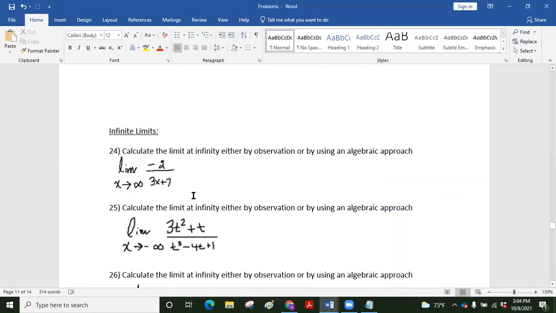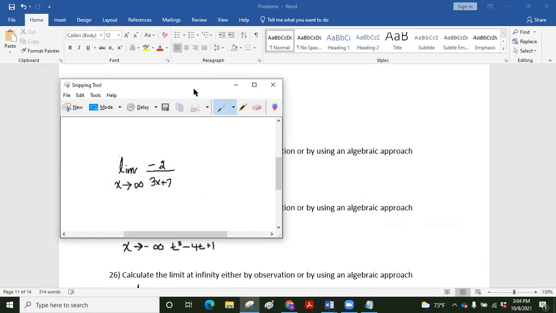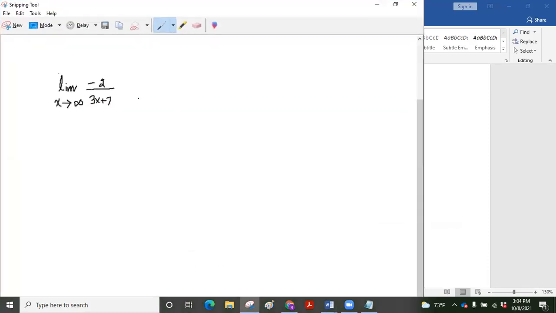The basic idea with limits that go to infinity is that there's an approach by which you can judge what the limit is, and there are some rules to do that, but I'm going to cover the algebraic approach.